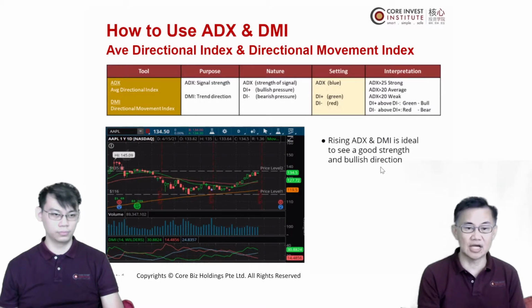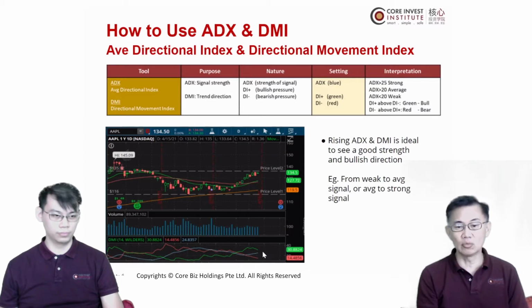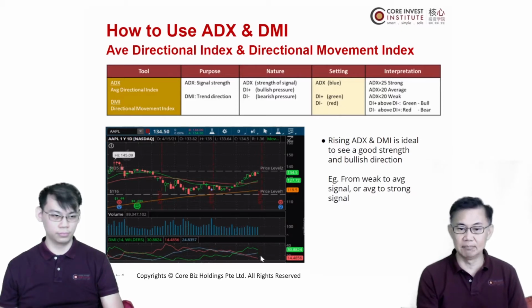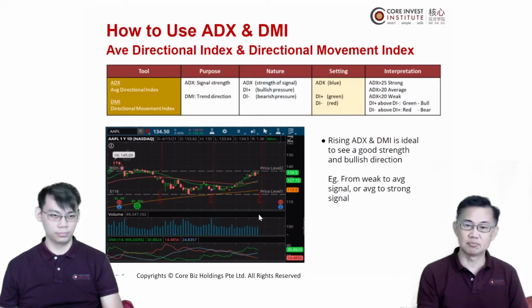As you can see on the chart below, you can see 3 lines there. Obviously, the green one we like to use for bullish pressure. The red line is a bearish pressure, while the one that is light blue in color is the ADX. As the interpretation goes, when ADX is more than 25, it means it is strong. Above 25, strong.